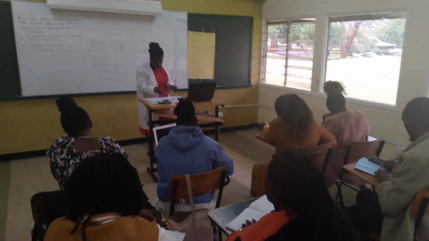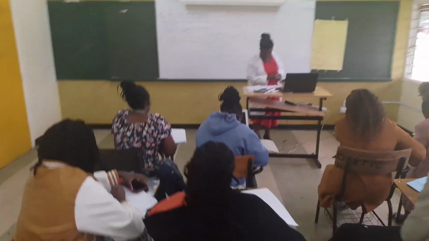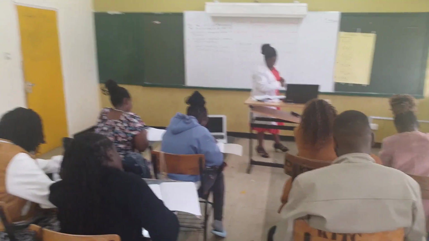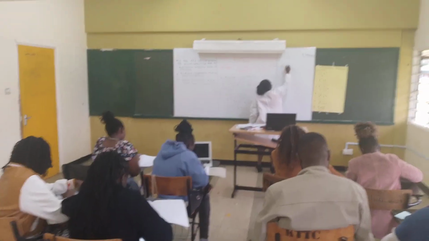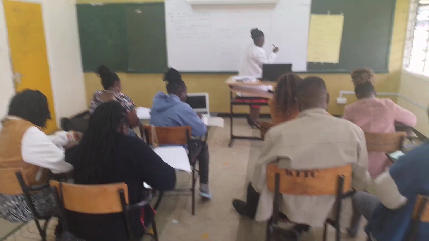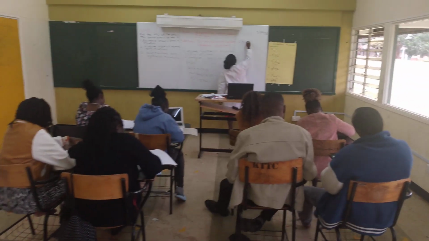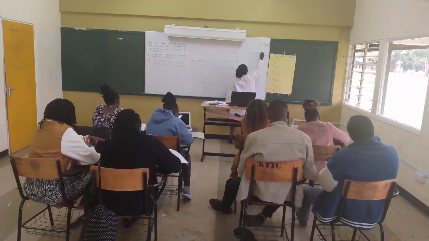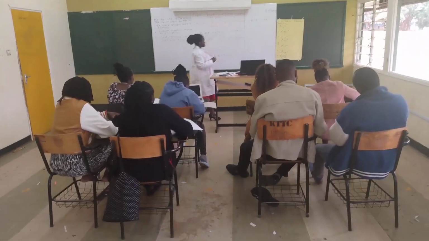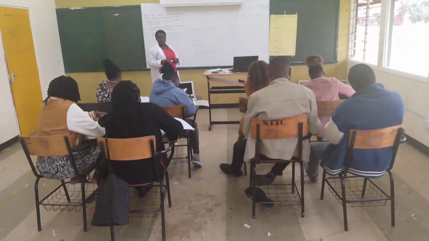To think and share with your friends, you can use your calculator to do this one: cosh of x is equal to 1.52. I'm waiting for your answer with your friend.